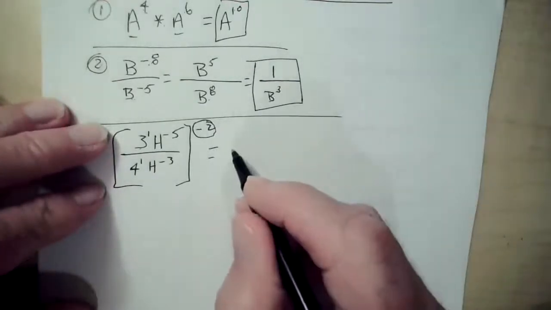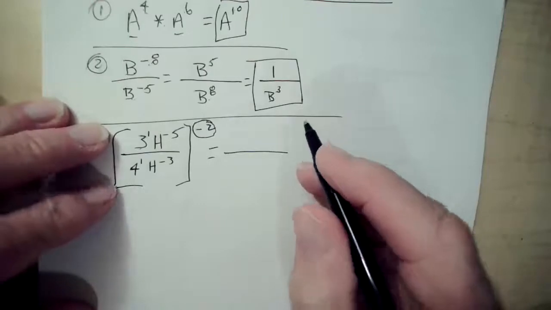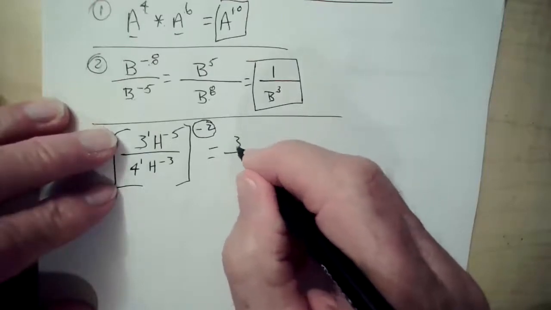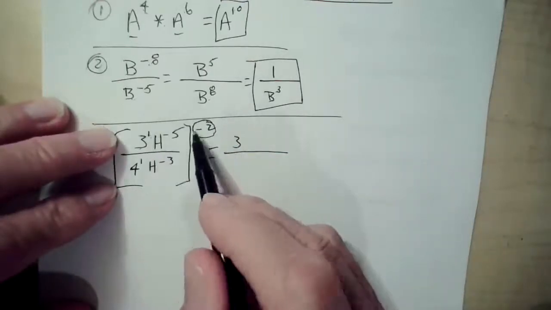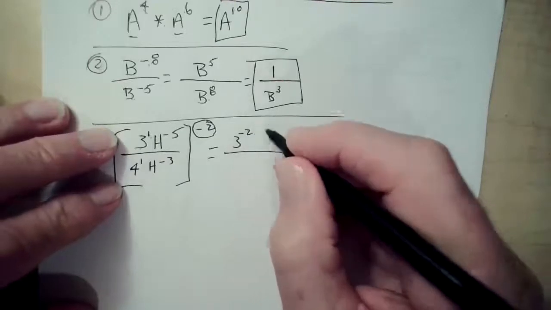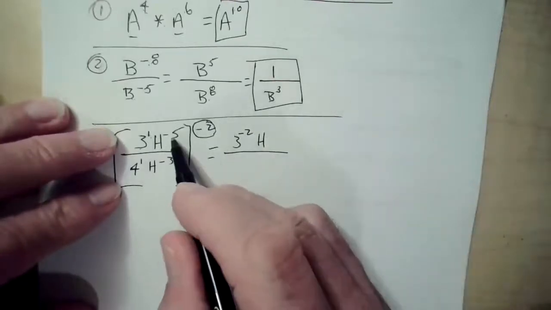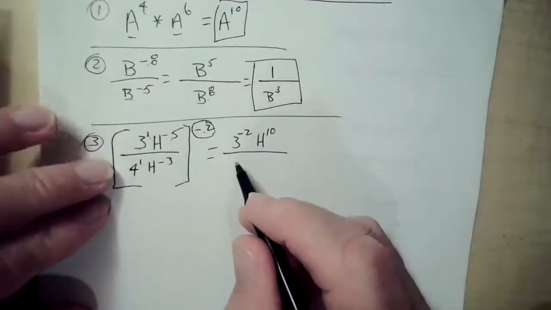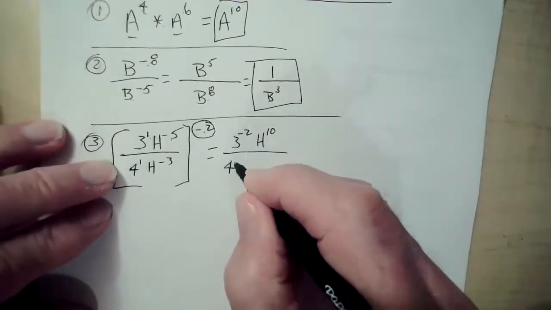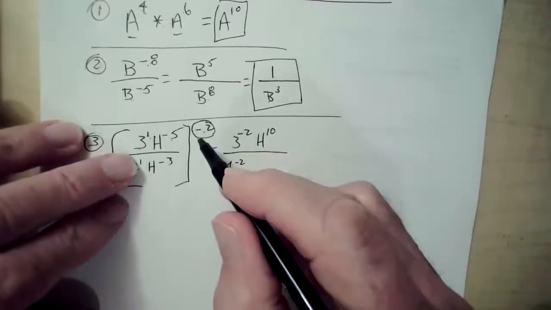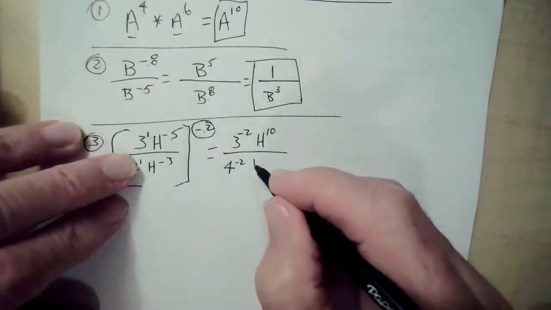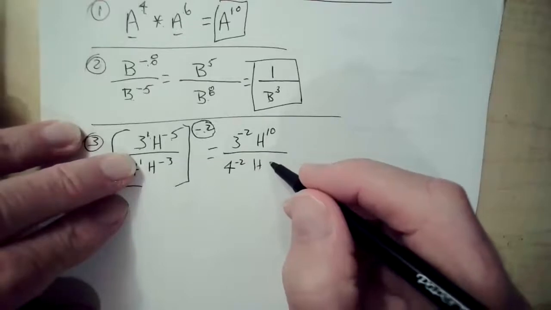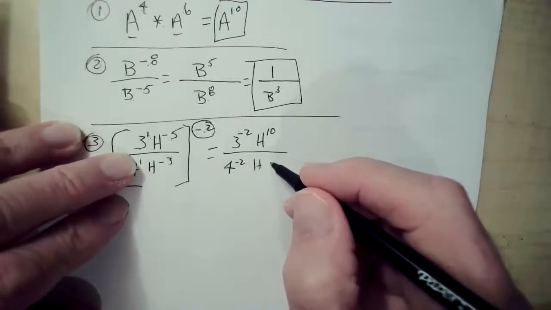So this is going to equal, again, if I were you, I'd draw the fraction bar. So it's going to be 3, and again, 1 times negative 2 is negative 2. H, negative 5 times negative 2 is a positive 10 over 4 to the negative 2. And negative 2 times negative 3 is h to the, did I do this wrong?